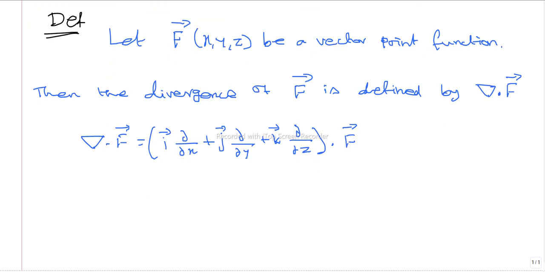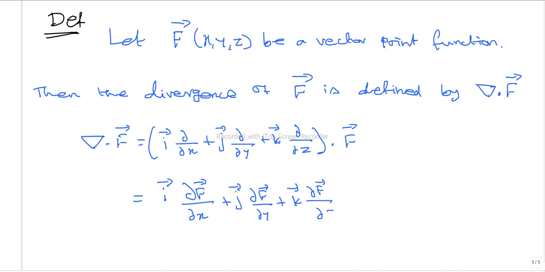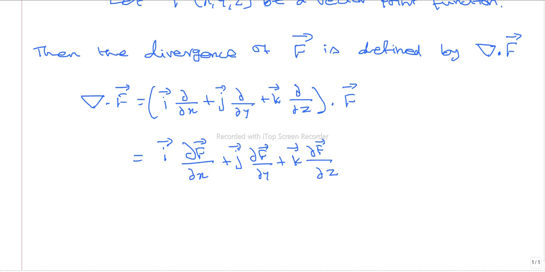So that means you have to operate on the vector each term, that is i vector times dou f by dou x plus j vector times dou f by dou y, and then k vector times dou f by dou z. So that is the thing. Keep in mind this is a dot.